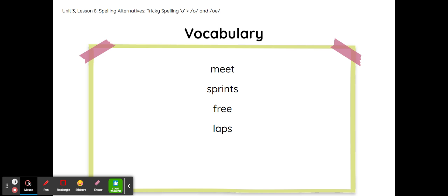Free, that's short for freestyle, a traditional swim stroke. Example, the first race I swam was the 50 free, meaning the 50 freestyle. Laps, the distance from one end of the pool to the other. We practice doing 2 laps of each swim stroke.